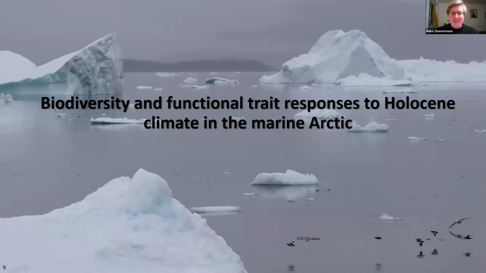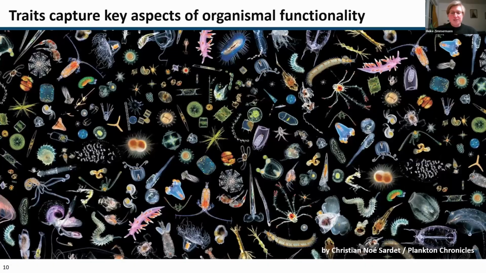Okay, now I want to finally get into our data and start with my first of 2 case studies. And here I want to show biodiversity and functional trait responses to Holocene climate in the marine Arctic. Again, I want to bring you back to this really nice picture by Cristiano Sade, and I want to highlight all the different body types that we see.